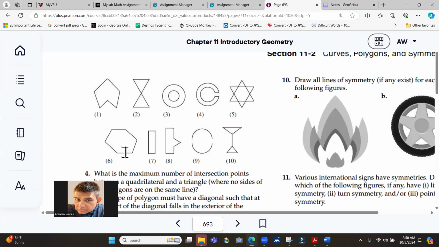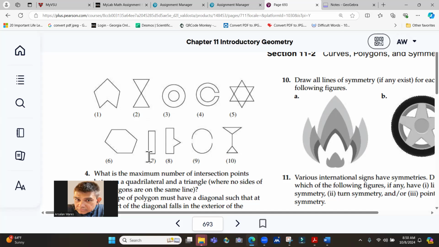Six is a simple closed curve, and it is a convex polygon because it is a polygon without a dent. Polygon is a closed shape bounded by straight lines. Number seven, same thing as six. It's a simple closed curve. Simple because it doesn't cross, closed because it doesn't have loose ends. It's a polygon. What kind of a polygon?